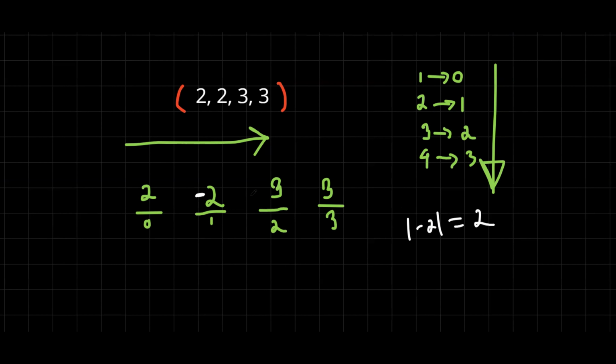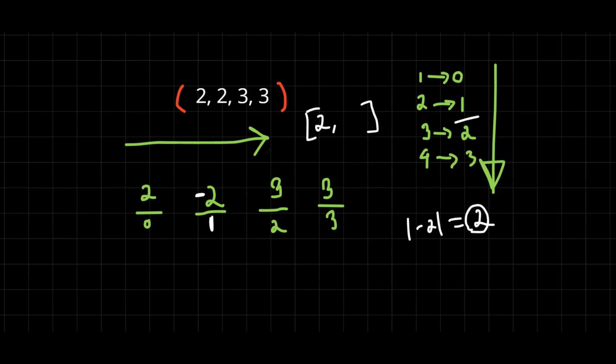So now we have to check whether the corresponding index of the -2 is already visited or not. Here, the corresponding index of 2 is 1. We have seen that index 1 is already visited because it has a negative sign. In those kinds of cases, we have to add 2 to our resultant array.